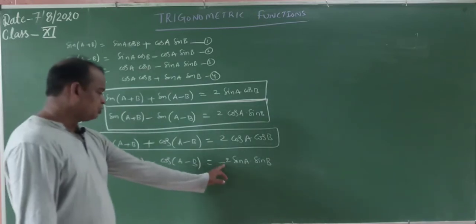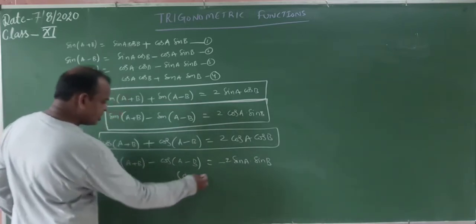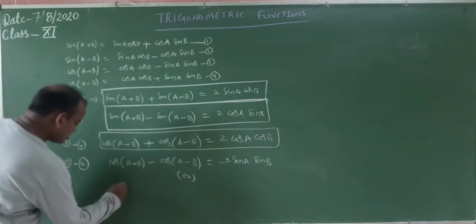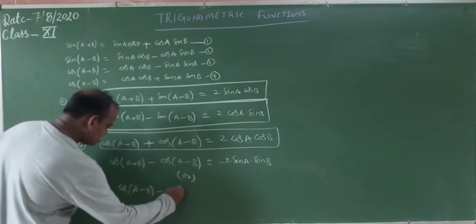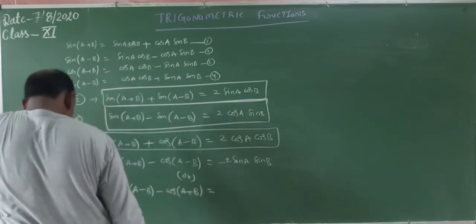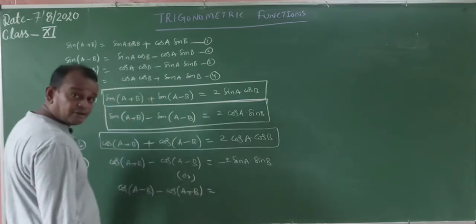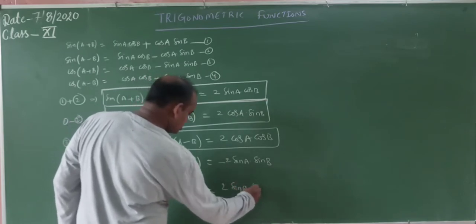Now suppose you remove this minus, both sides multiply with minus. This is plus, this is minus: cos of A minus B minus cos of A plus B is equal to 2 sin A sin B.